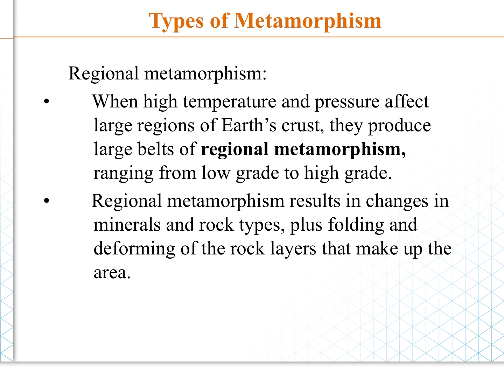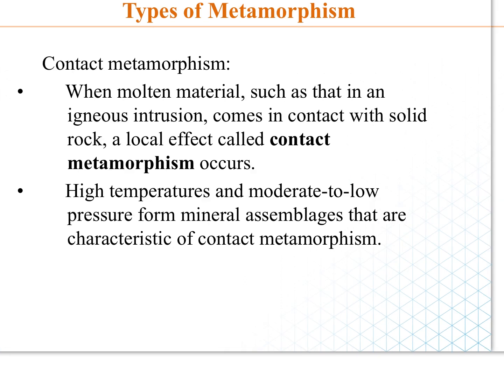That's what we mean by regional metamorphism, right? We can go from low to high grade. We can make lots of different metamorphic rocks, but it's over a very large area. Whereas contact metamorphism is going to be associated with small scale. If I have lava that's flowing out in Uniondale, it might metamorphose the rocks immediately in Uniondale.